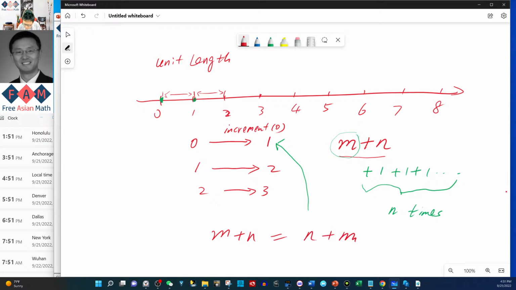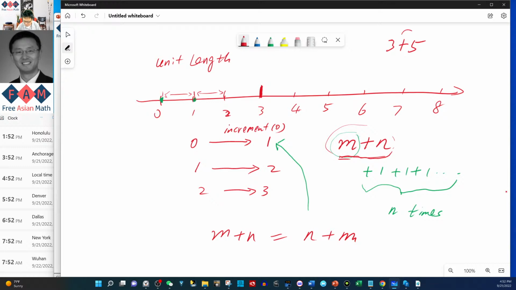So let's take a look at the first one, m plus n. That means that we have to choose our initial point, which is m. And for example, in the context of 5 plus 3, or let's choose 3 plus 5, that means that we will choose point 3, right?